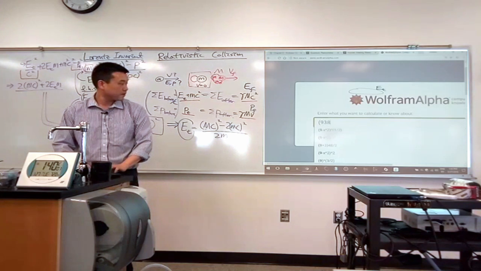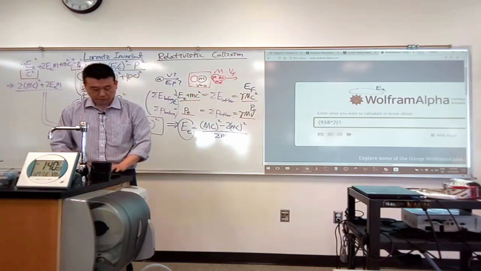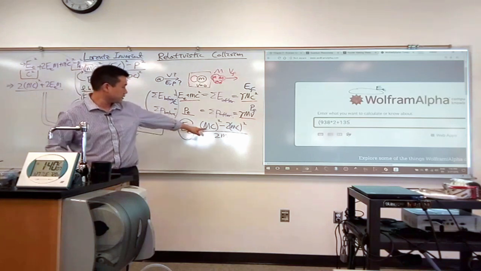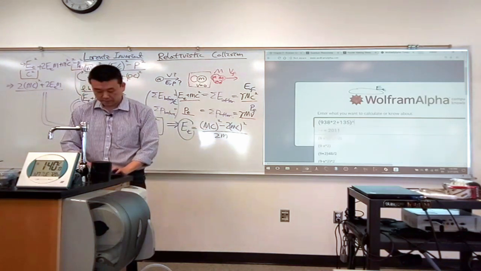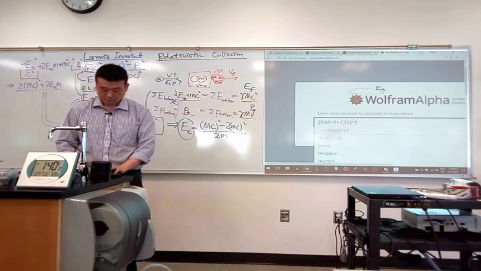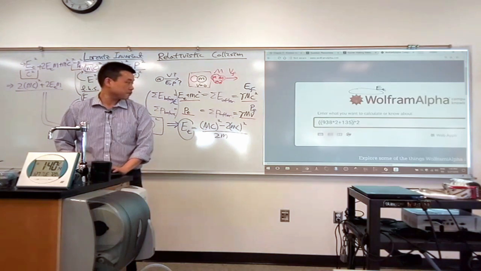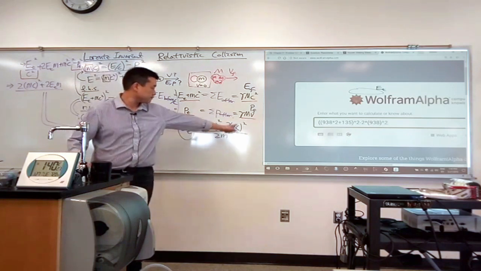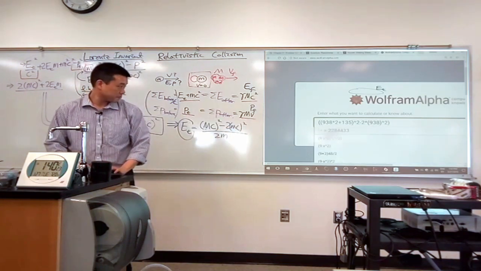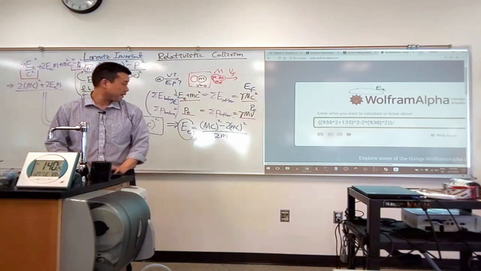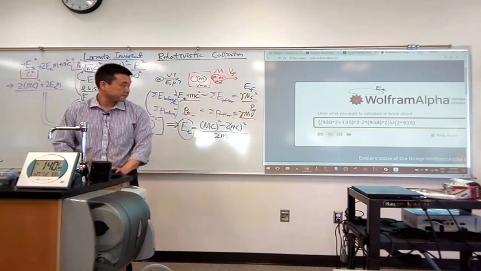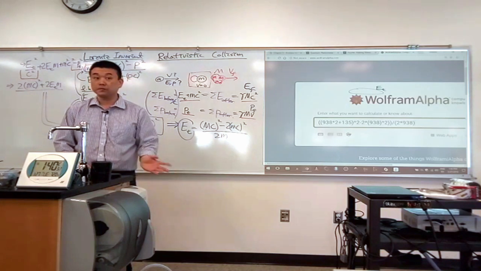I need to square that, and then subtract 2 times the proton mass, 938 squared, and then divide by twice the proton mass, 2 times 938. My units are going to come out to be MeV.